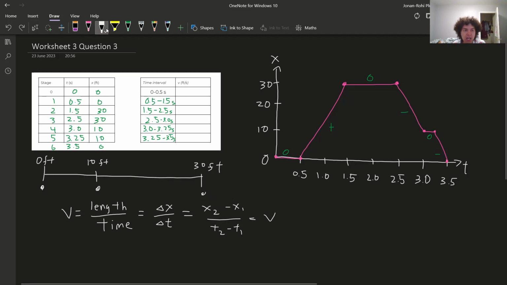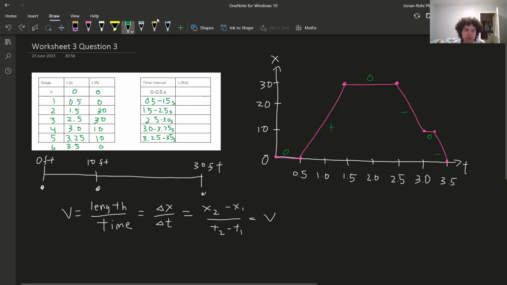So for the first time interval, from 0 to 0.5 seconds, we already know that that's a grand total of 0 movement, but let's plug in everything anyway. A time interval can be described by talking about your starting time and your ending time. Our ending time for this first time interval is 0.5 seconds, because that is the later time, whereas 0 is the earlier time.